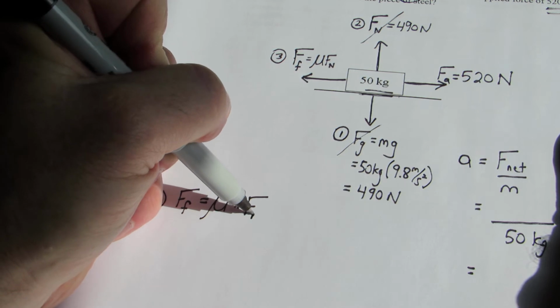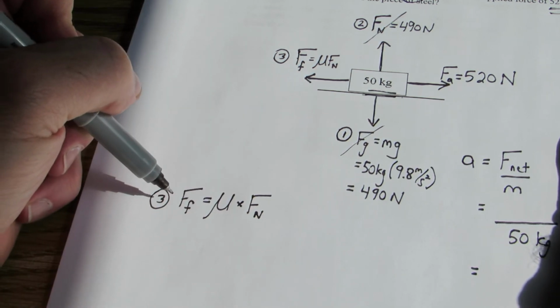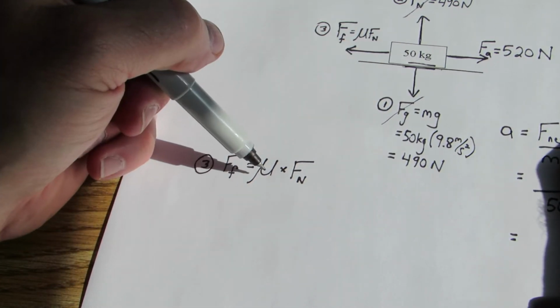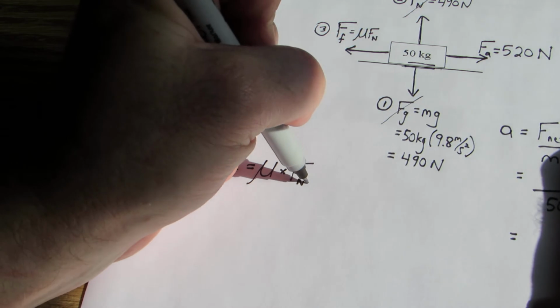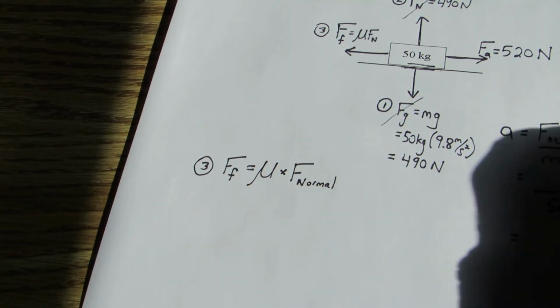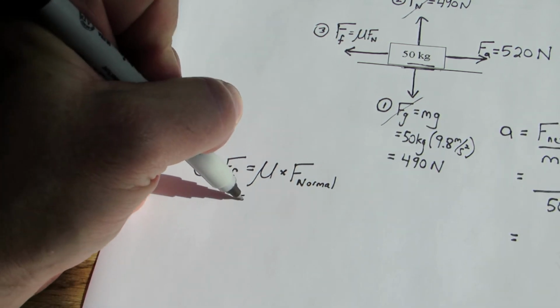I always write it with a little capital N. I just got used to that in university, but you're eventually going to get that confused with net force. So I don't know if you want to write in the word normal every time. That's up to you, it's your own organization. But you have to remember not to confuse that with net force.